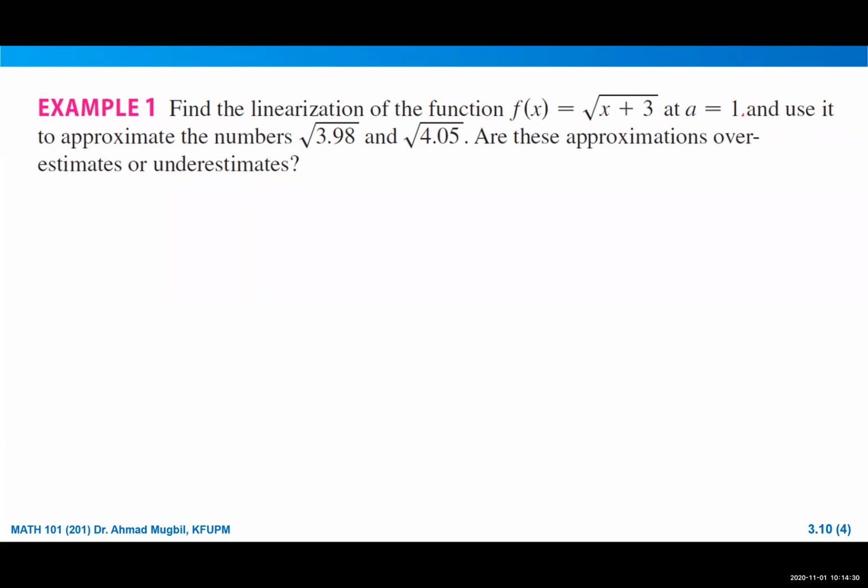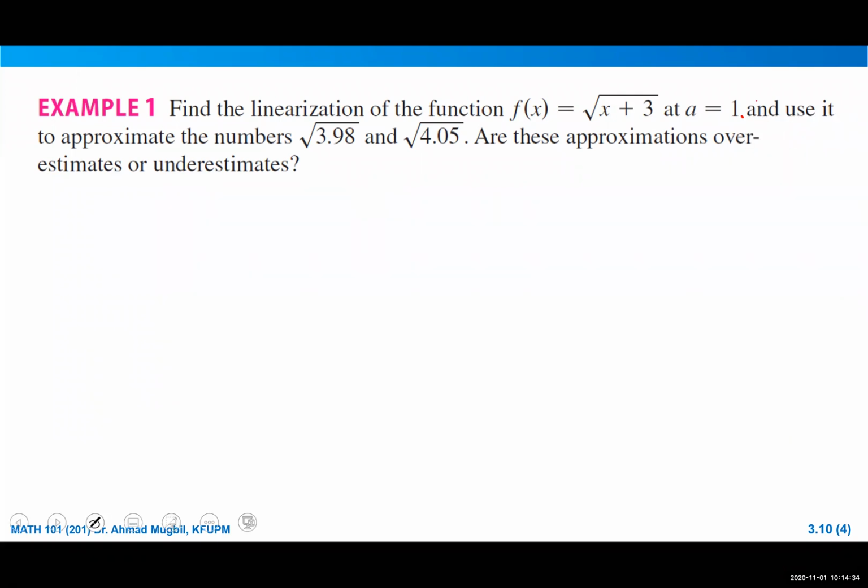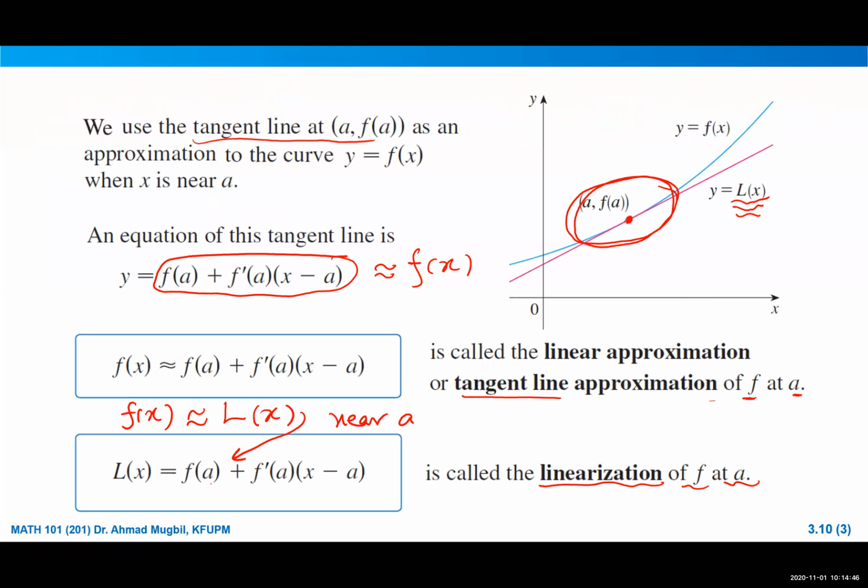Now, how do we find the linearization of this function? Find the tangent line. So L of x, this is the linearization, equals f at A. Let me remind you: it is f at A plus the derivative at A times x minus A. In our case, A is 1.